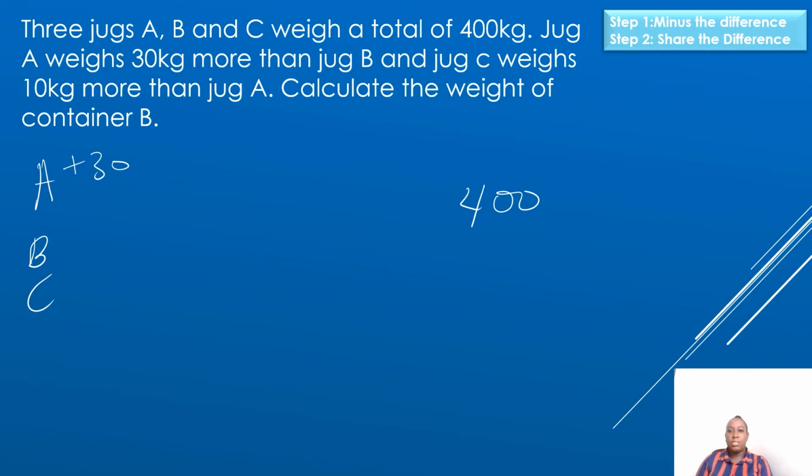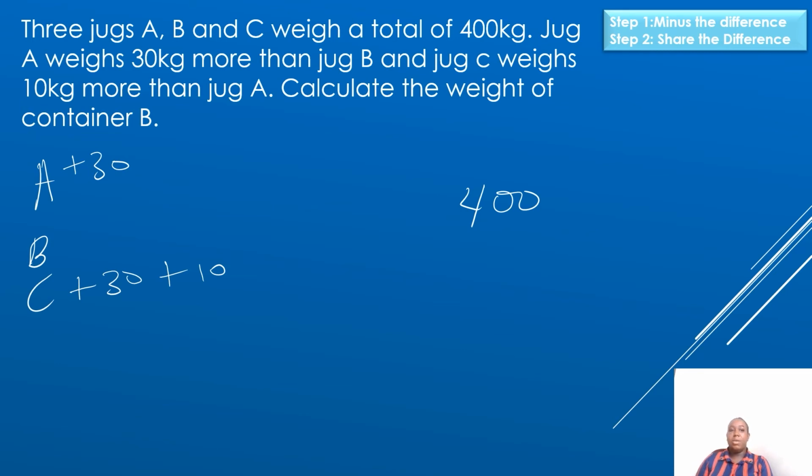And jug C weighs 10 more than jug A. If jug C is weighing 10 more than jug A, remember jug A already has plus 30. So I need to write plus 30 plus 10, 10 more than A.